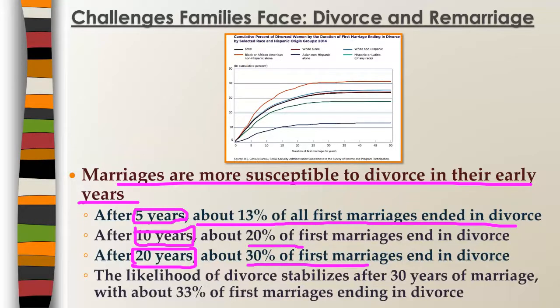And once you make it past about 30 years of marriage, your likelihood of divorce stabilizes. About 33% of first marriages end in divorce. So if you can make it past your first 10 years, 15 years of marriage, you're looking pretty good, especially if you can make it past those first 5 years.